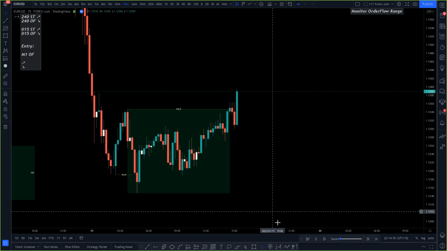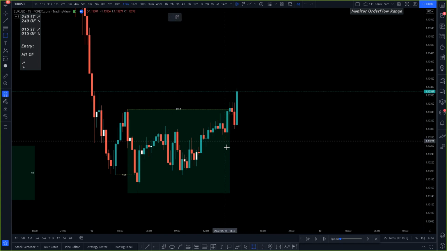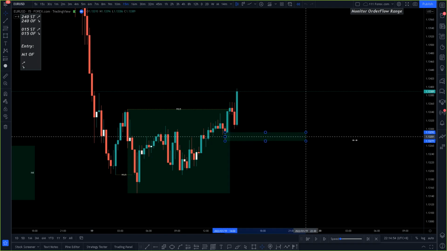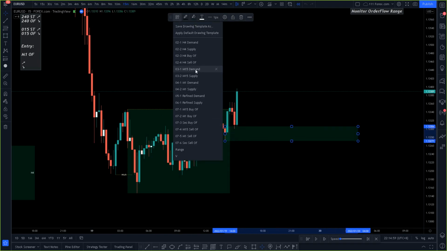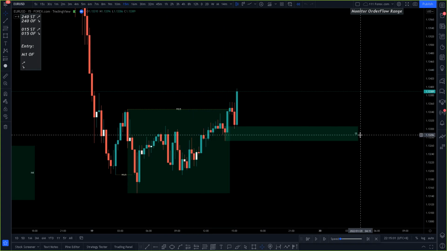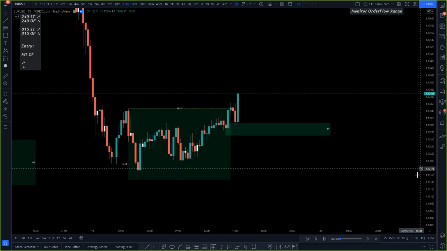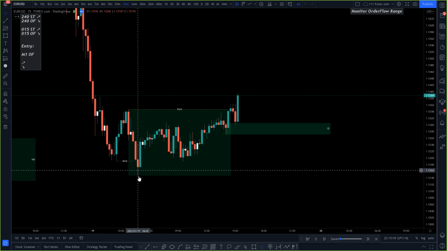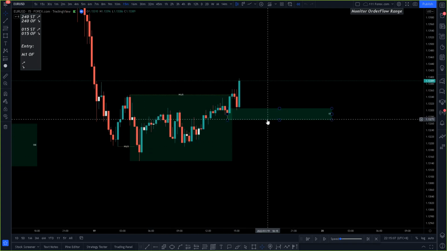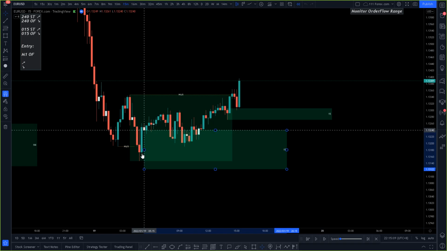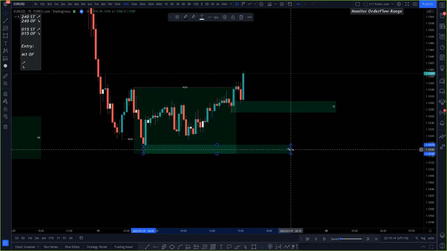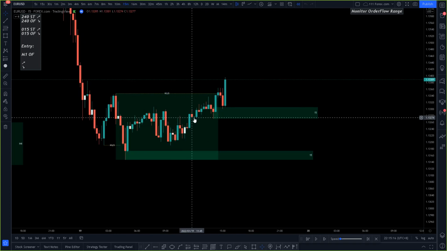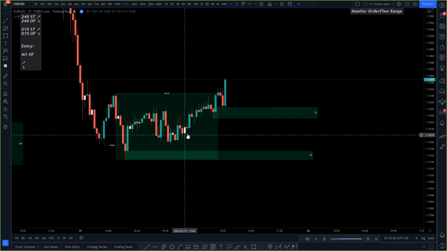So I can just use this M15 demand, and of course we have several better demands here, like this one. This is the extreme that hasn't been fully mitigated, and you can say this one.